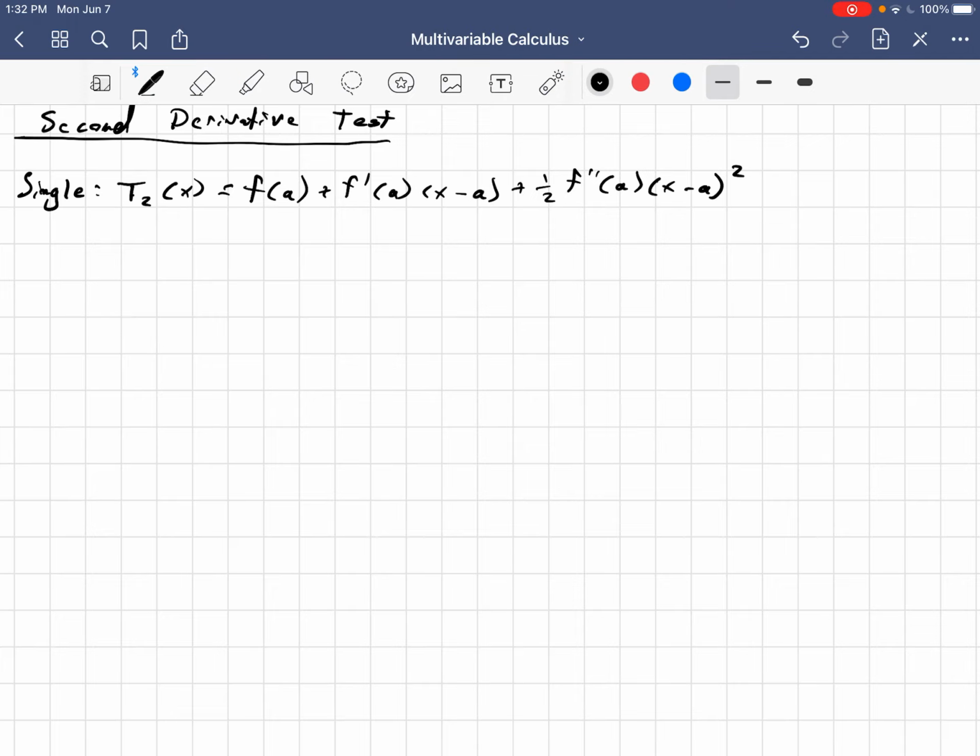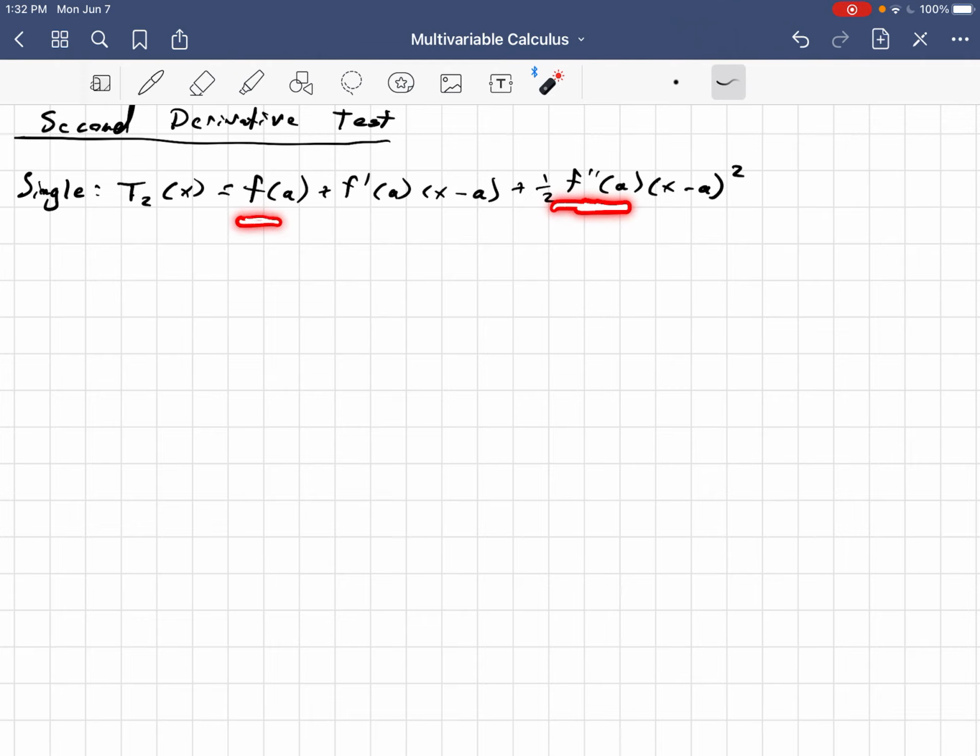Now, if we find ourselves at a critical point, in other words, where the derivative equals 0 of this function T sub 2 of x, then this is equal to 0 and this whole term goes away. So really what matters for determining whether this function exhibits a local maximum or a local minimum at its critical point is the sign of f double prime.